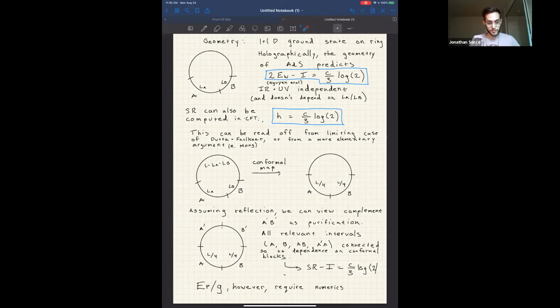I don't want to derail this too much. Hopefully this agrees with the case where you take the large N limit second, where it's C over 3 log 2. Although you could imagine it going either way, because if you're working on a lattice, the regions have to have some finite spatial separation anyway.